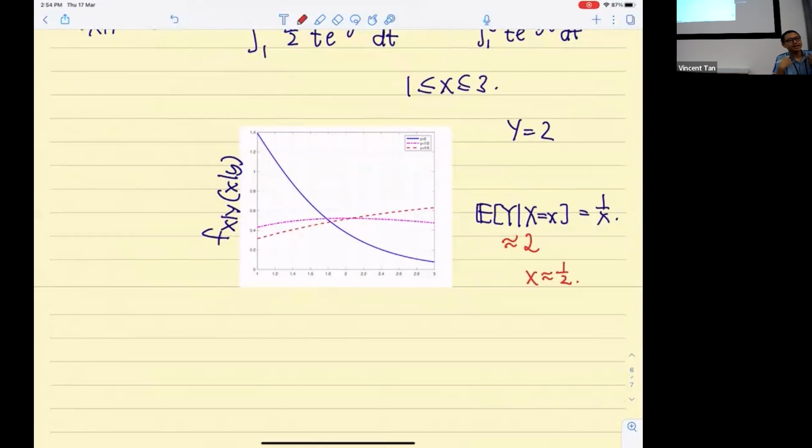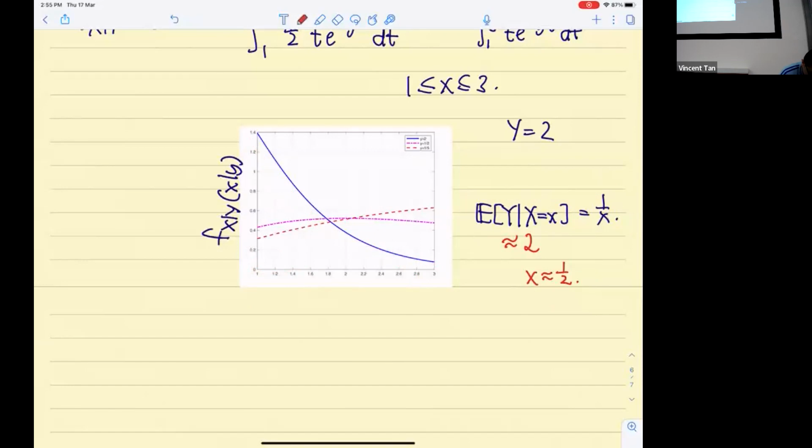So my belief about x is that it should be about half, but x cannot be half because x must be between 1 and 3. So all the mass gets shifted closer to 1, because that will make x being equal to half more likely in some sense.